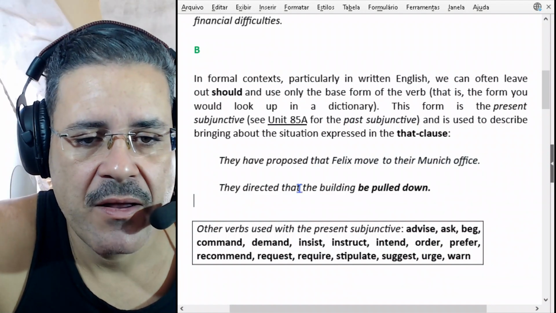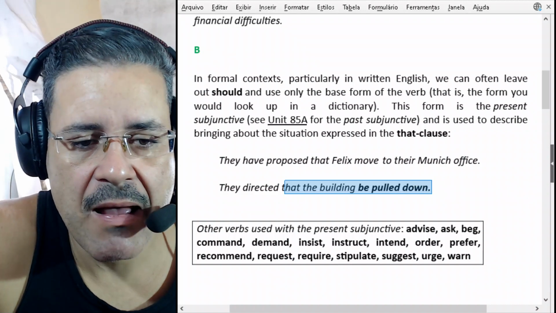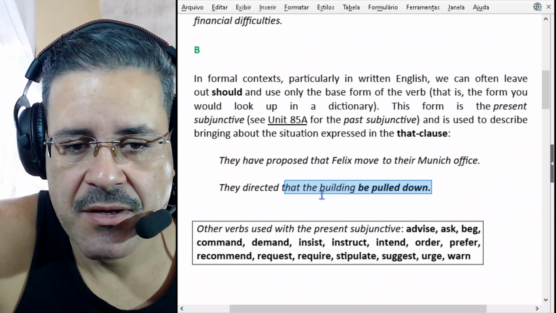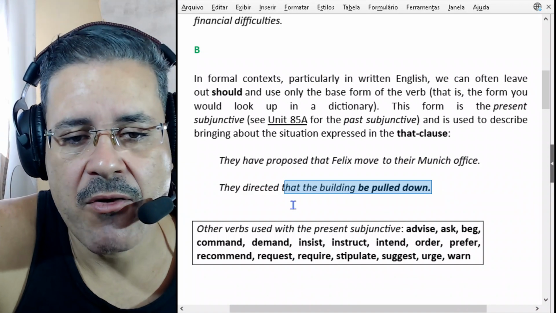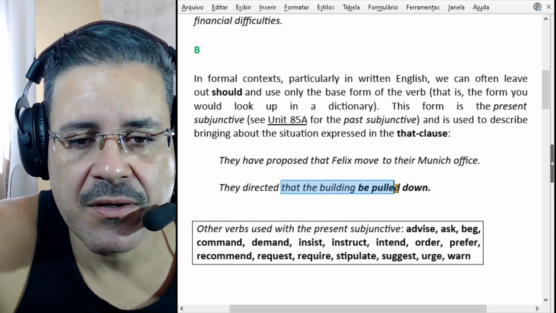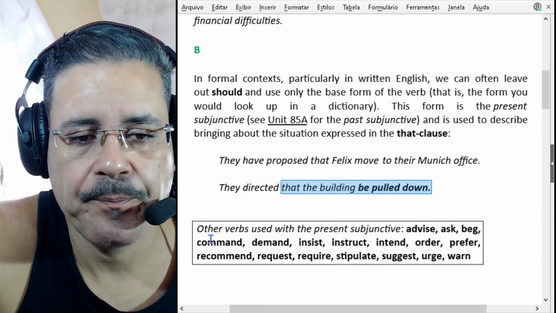Or even, they directed that the building be pulled down. They directed, not that the building should be pulled down, but they directed that the building be pulled down.